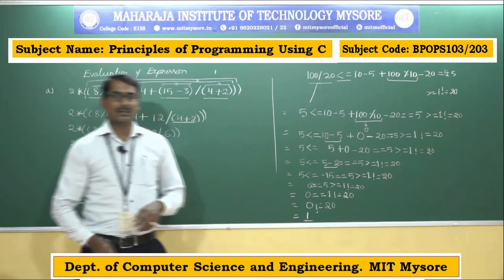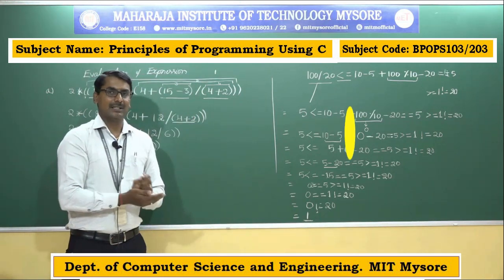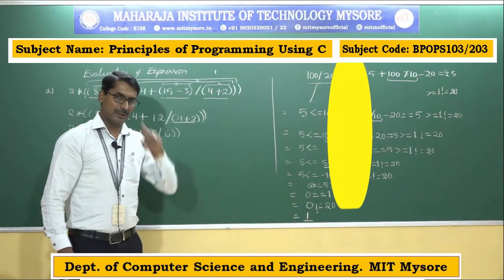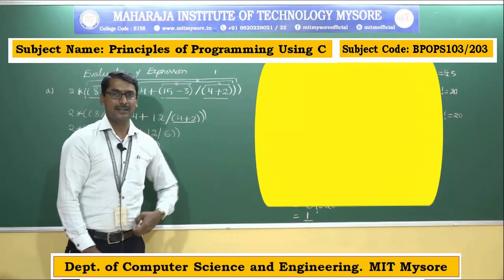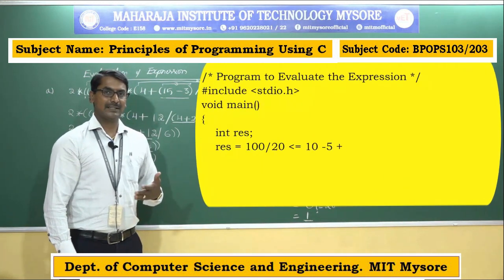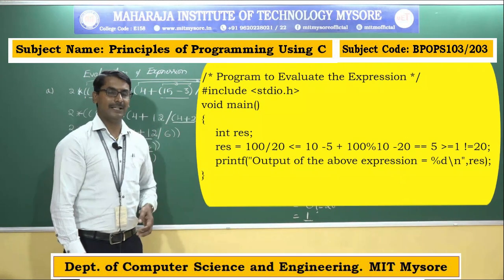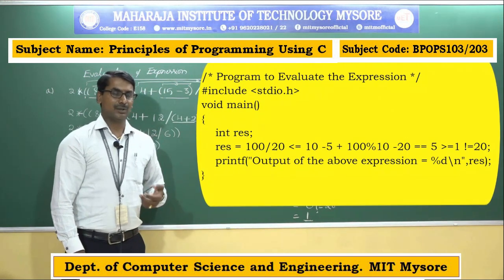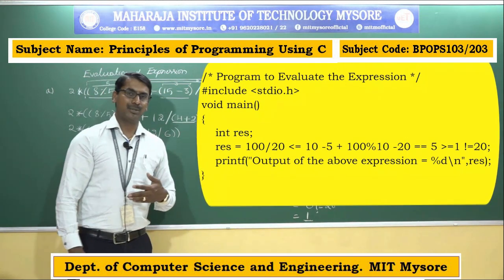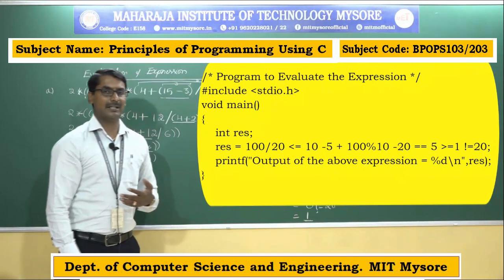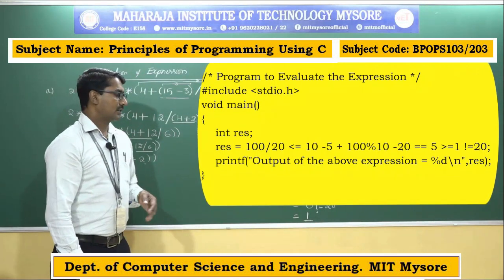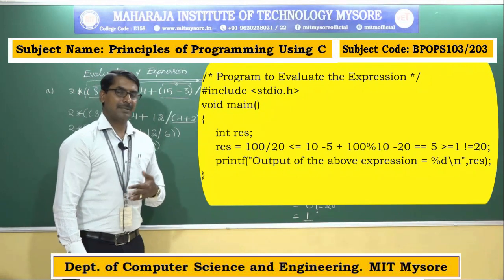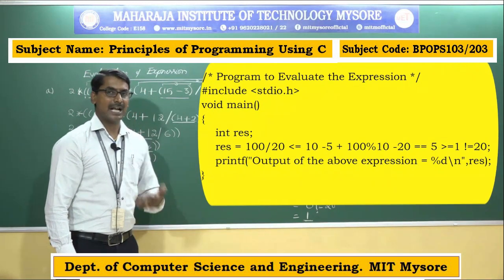When we are evaluating an expression, we need to consider two things: precedence and associativity. Precedence is the hierarchical order of execution. It gives a priority to each operator, and based on that priority the expression will be evaluated.